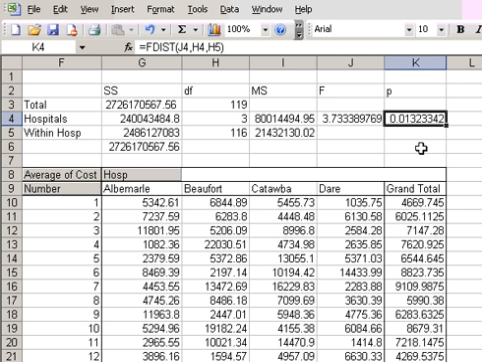In other words, the hospital that you go to will determine the cost of that stay.